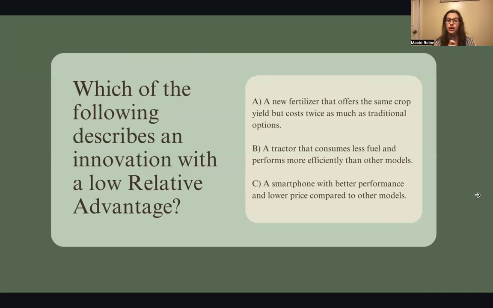Which of the following describes an innovation with a low relative advantage? A. A new fertilizer that offers the same crop yield but costs twice as much as traditional options. I think this is a good time to point out that just because an innovation has a lot of advantages doesn't mean it outweighs the disadvantages and that it should be adopted.